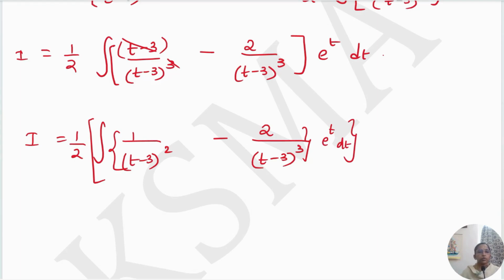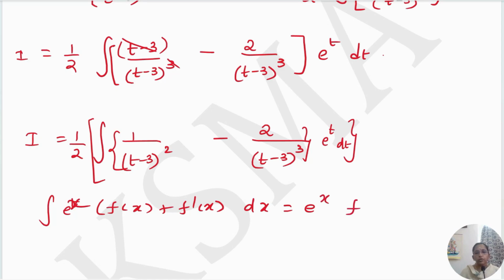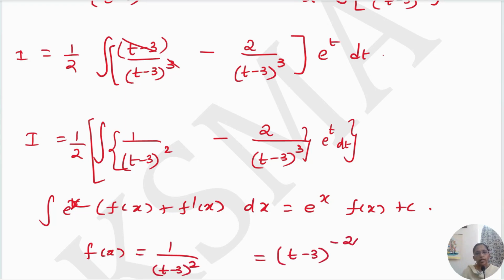dt. So now you know this formula: integration of e power x times (f of x plus f dash of x) dx is equal to e power x into f of x plus c. So now you can consider f of x will be equal to 1 divided by (t minus 3) to the power 2, that is (t minus 3) to the power minus 2.